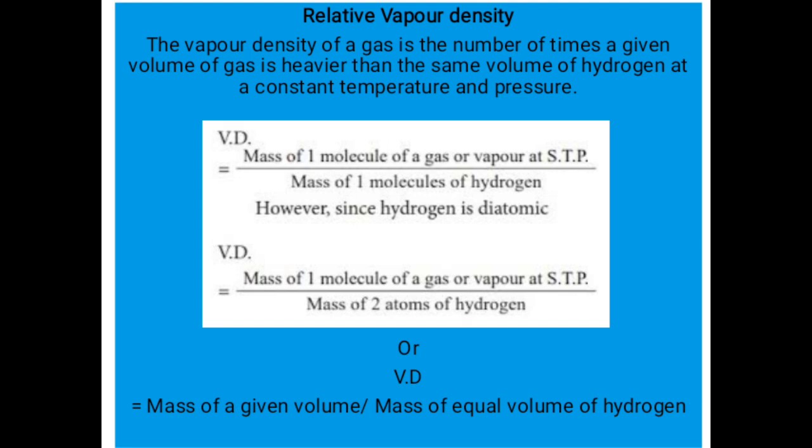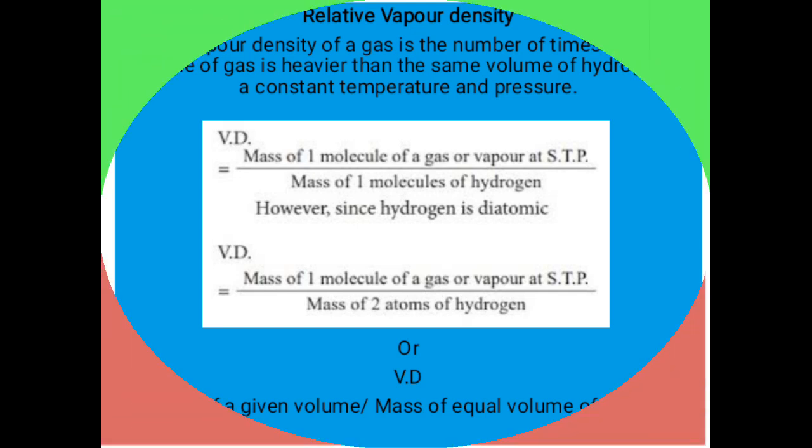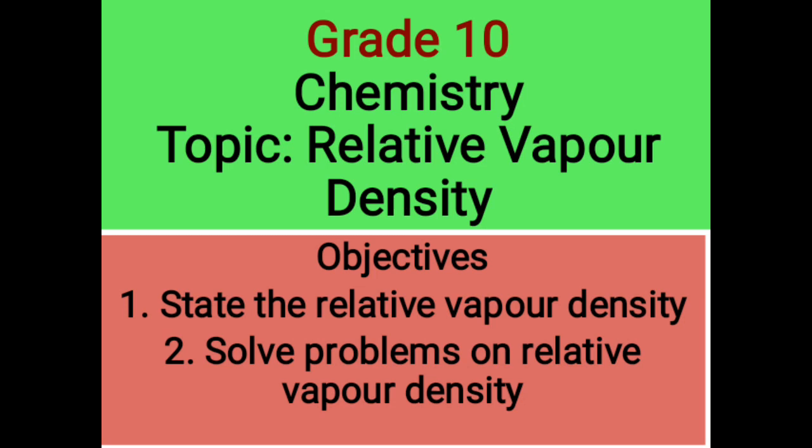Or we can also use mass of a given volume of any gas over mass of equal volume of hydrogen. These are the formulas for relative vapor density. So when a question is given to you, you should be able to determine which formula will suit the question. Okay? Are you with me?